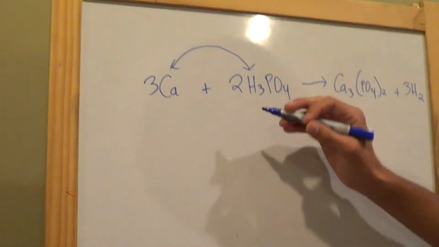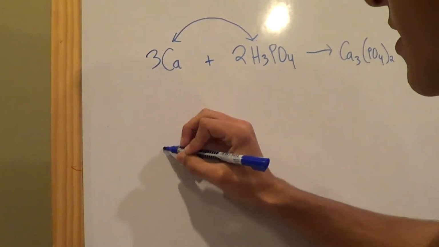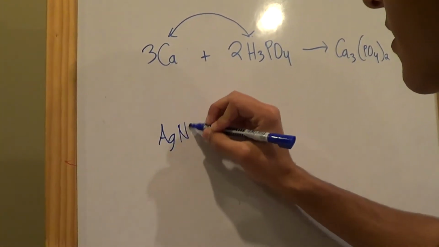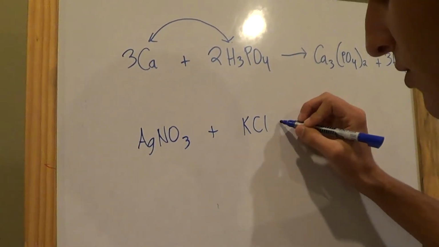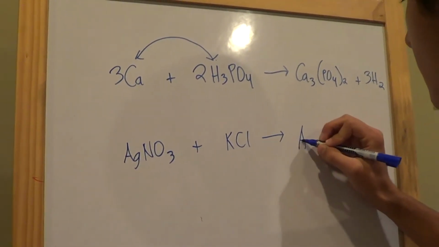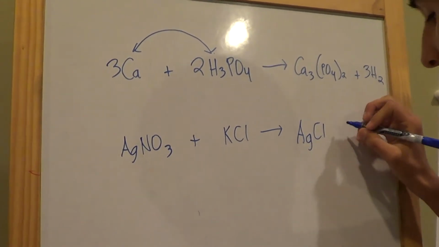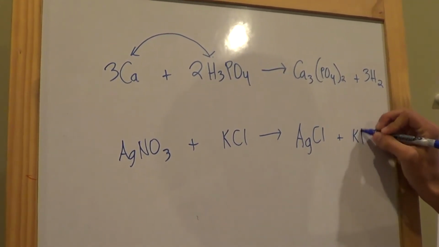Okay, now we're gonna move on to double replacement reactions. Alright, so for double replacement, we're gonna have something like silver nitrate plus potassium chloride yields silver chloride plus potassium nitrate.